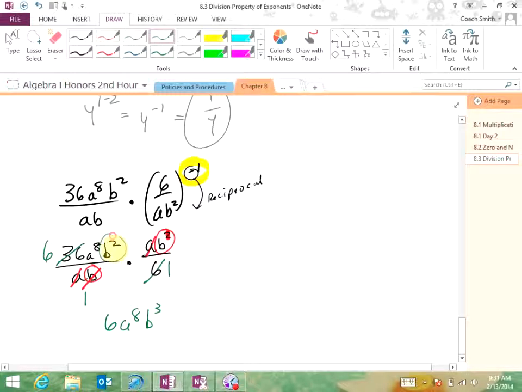And where I got b to the 3rd were those two right there, b to the 2nd times b to the 1st. So you don't add the extra a on. There is no extra a. All the a's are gone, except for the a to the 8th. This one right here is gone. This one's gone, so there's none left.